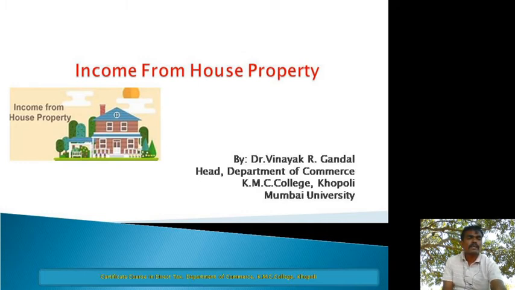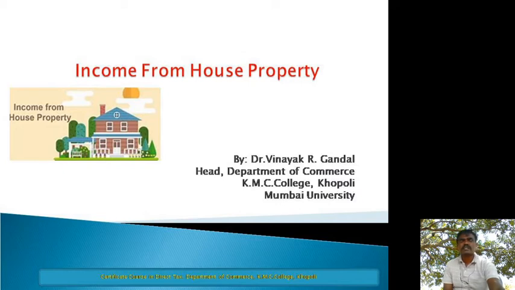Third step is that if actual rent is less than expected rent due to loss due to vacancy, then gross annual value is to be calculated by considering the actual rent minus loss due to vacancy. So according to these three steps, we have to calculate the gross annual value of that particular house property.